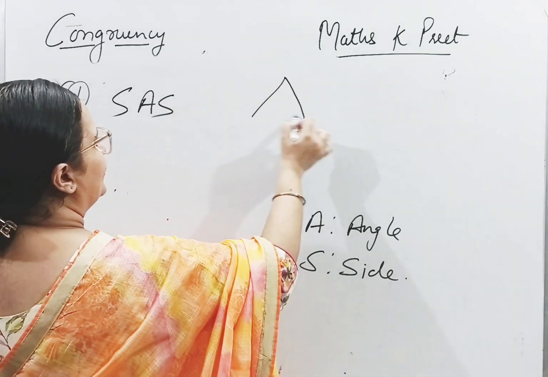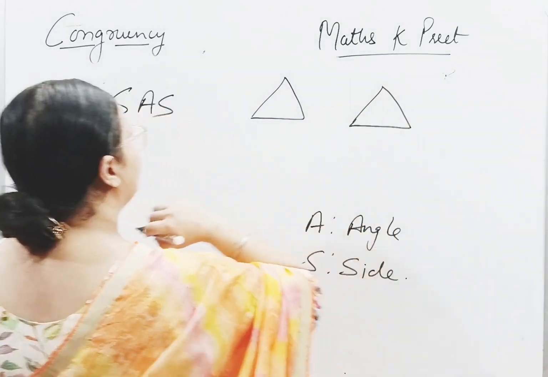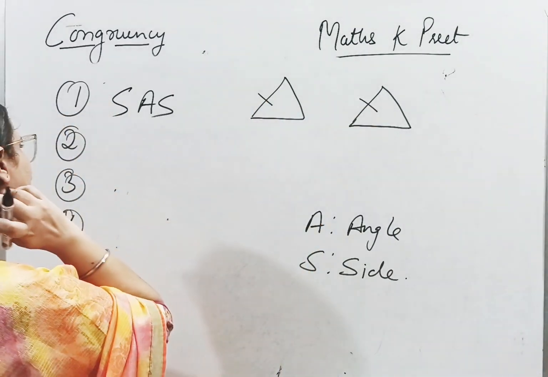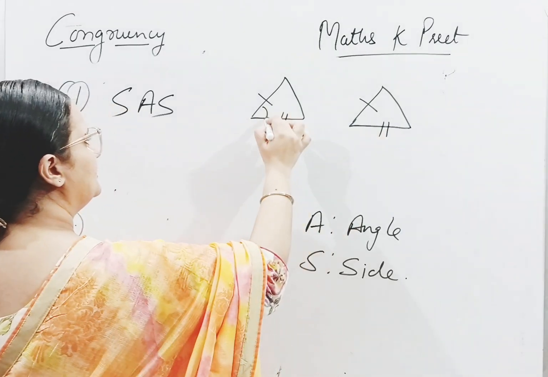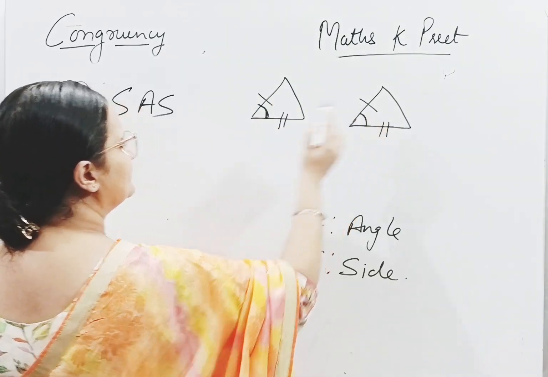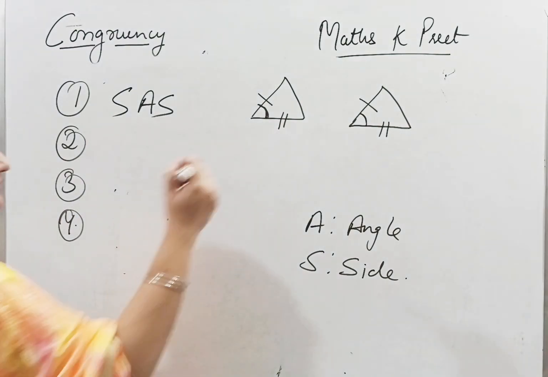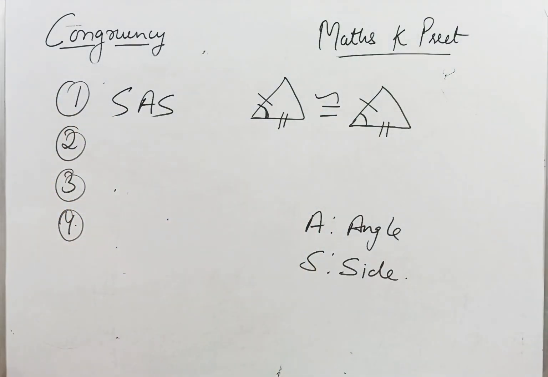For example, if I prove that this side of the first triangle is equal to this side of the second triangle and this side is equal to this side, and the included angle between these two sides is equal to the included angle between the sides of the second triangle, then this criterion gives us the congruency of two triangles. So the two triangles will be directly congruent to each other.